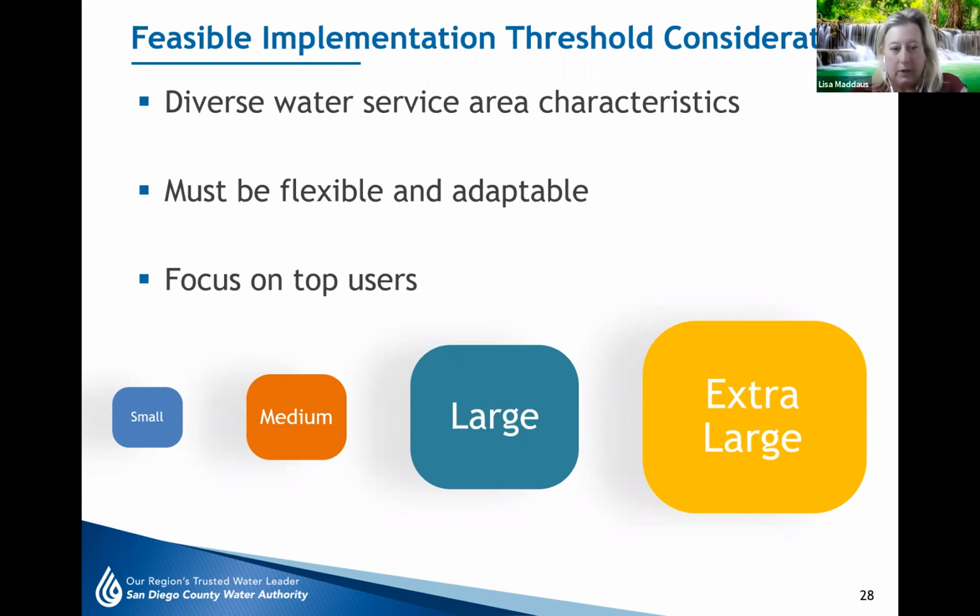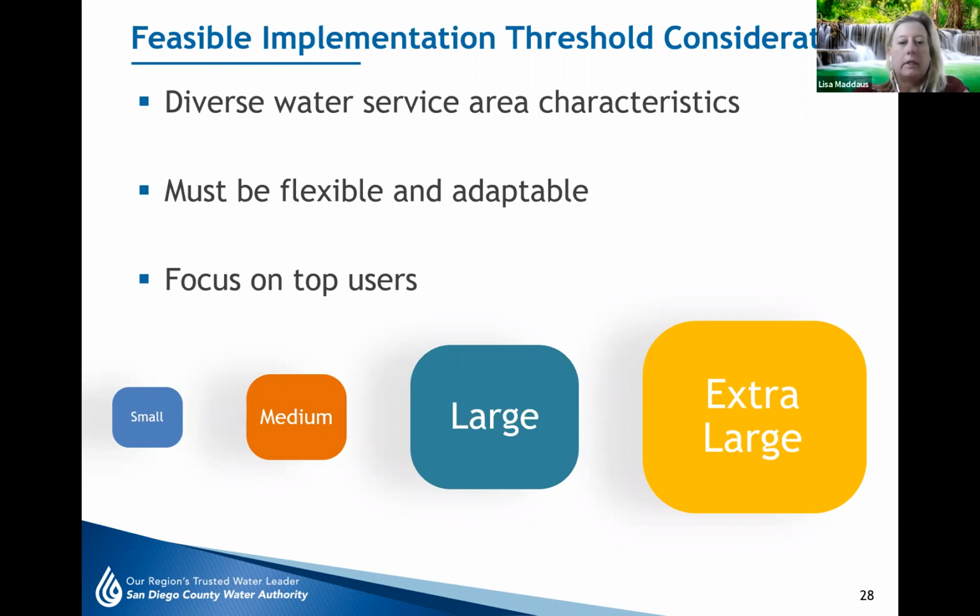And our concept, in our work and in other research, like at the Water Resources Research Foundation and others, is that you can focus on top users and capture a lot of the conservation potential. So that's what we've been discussing and presented on in our first workshop in March.